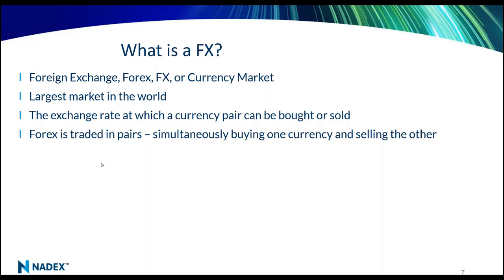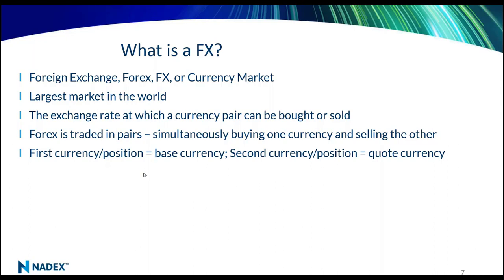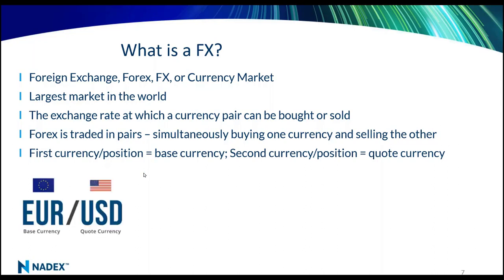You are buying one currency with another, so you're essentially buying one and selling the other. Now I'm going to go through a simple example, and this happens to be the largest forex pair that is traded. It's the euro US dollar.